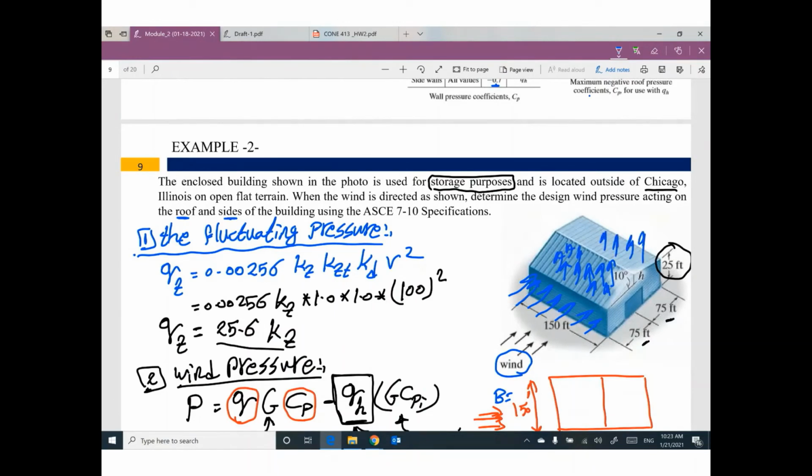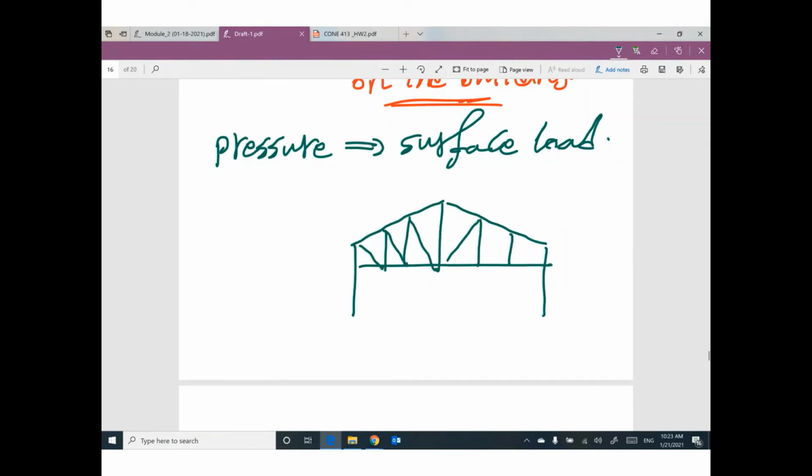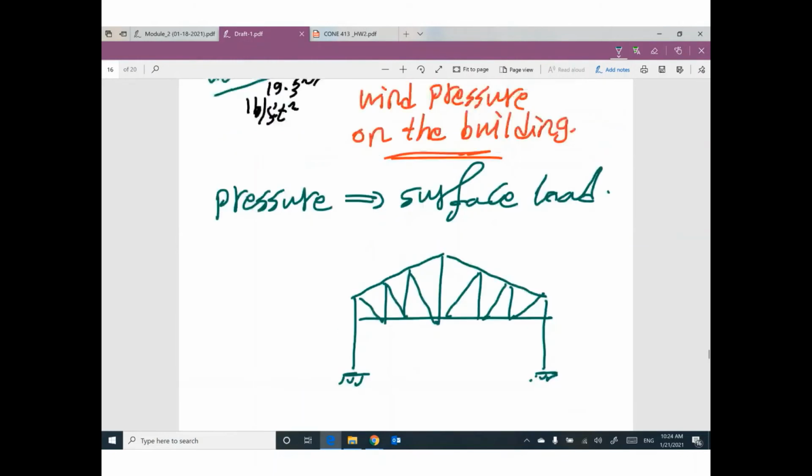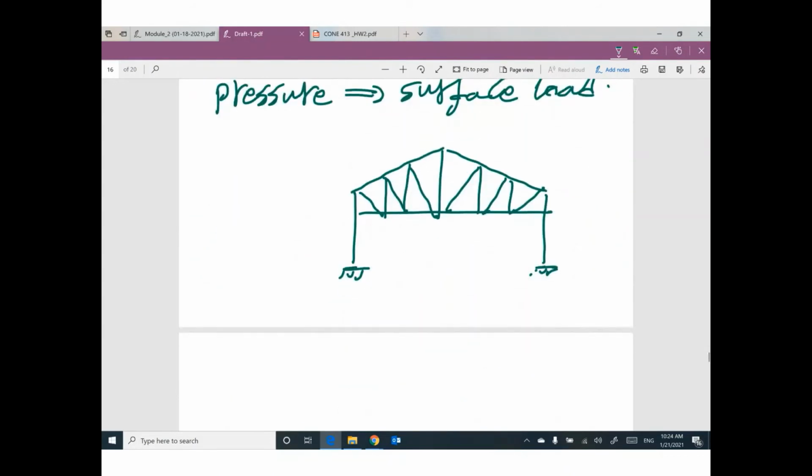How can I convert this pressure to each main system? If your main system looks like a truss, like this, how can I convert this pressure to this truss, only one of the main systems?